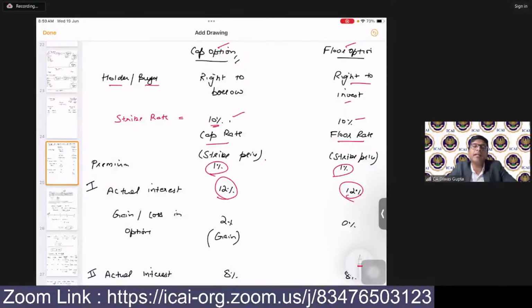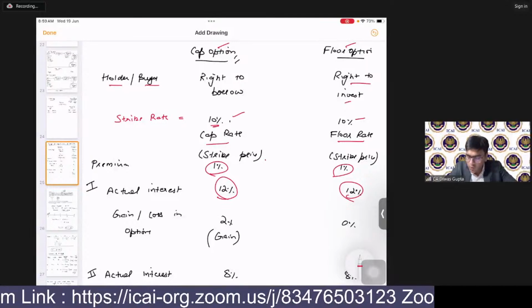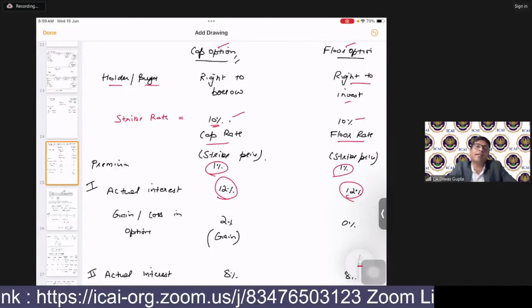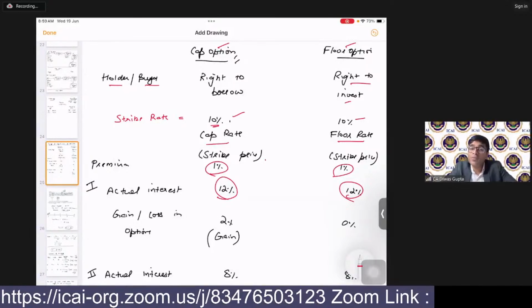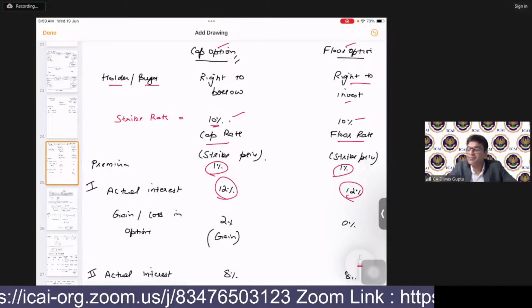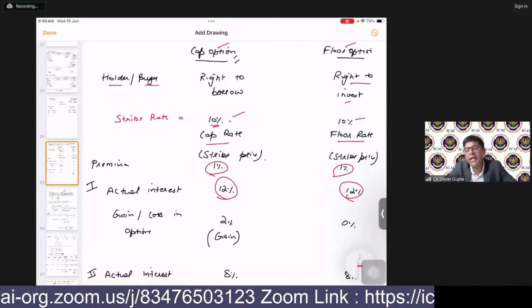Now, if the market is already quoting you an interest rate of 8%, why will you exercise this option? This option will become out of the money. Correct? You will simply go outside and borrow.